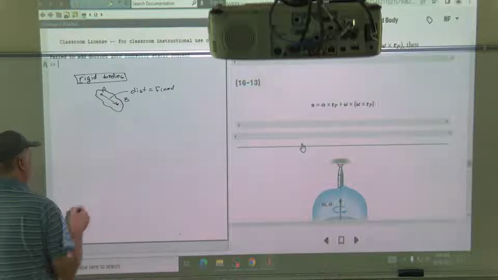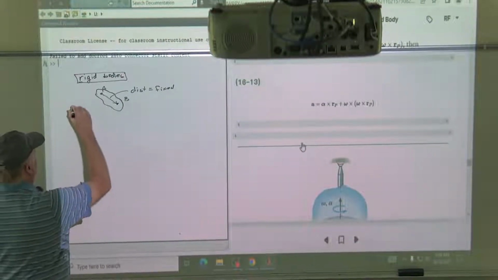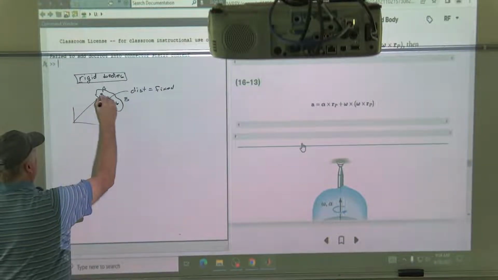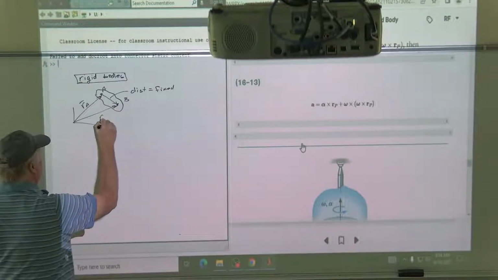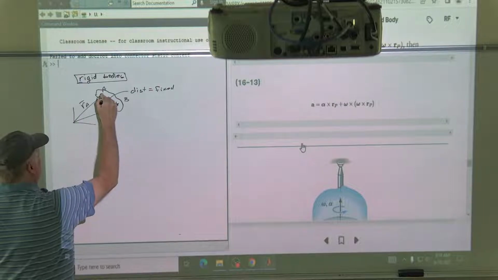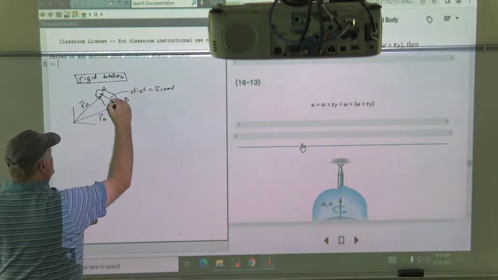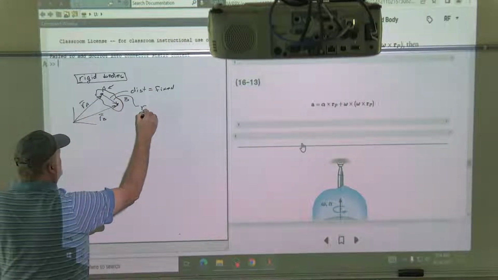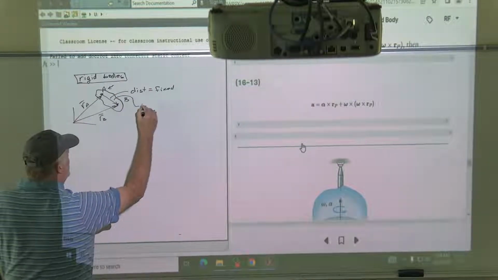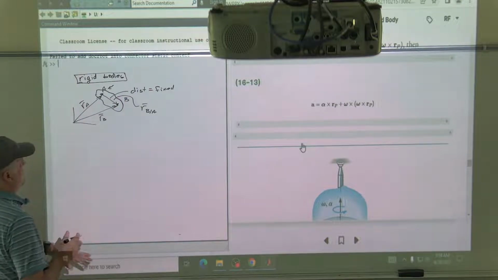As a result, what the book did is they said if we focus in on A, then look at the position of B relative to A, and then it starts working in from there.